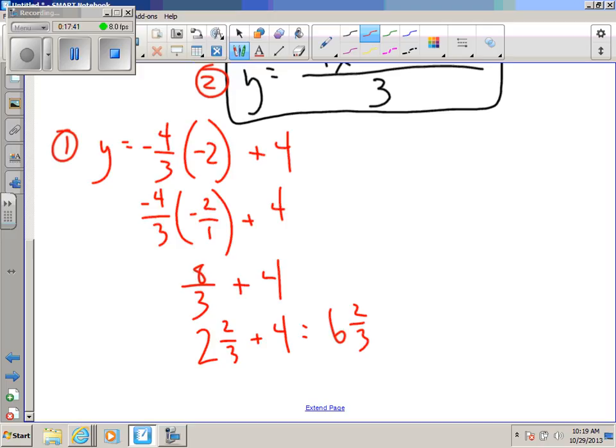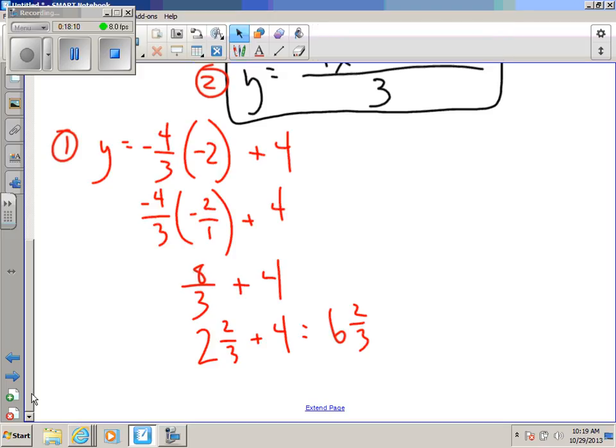Now, it might be a pain in the neck to graph 6 2/3, but can you do it? Yeah, it's just going to come between 6 and 7, and probably just a little bit closer to 7 than it is to 6. We'll have to do both. So that's option 1.